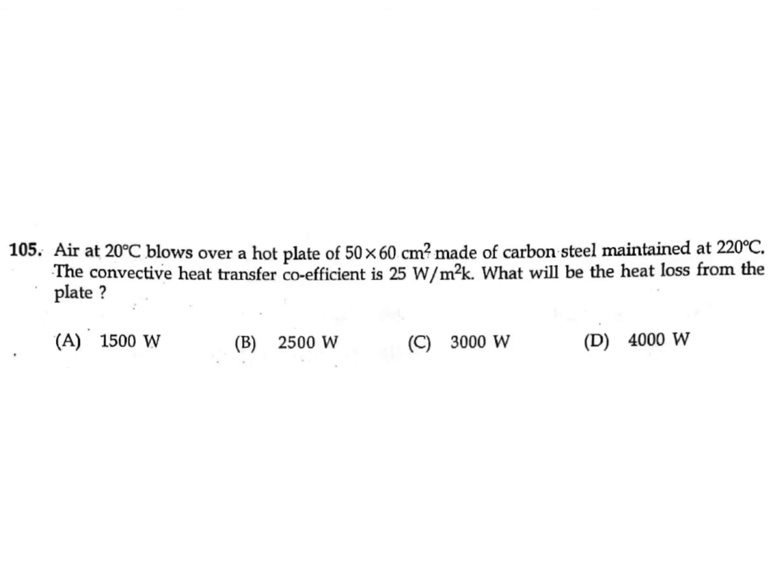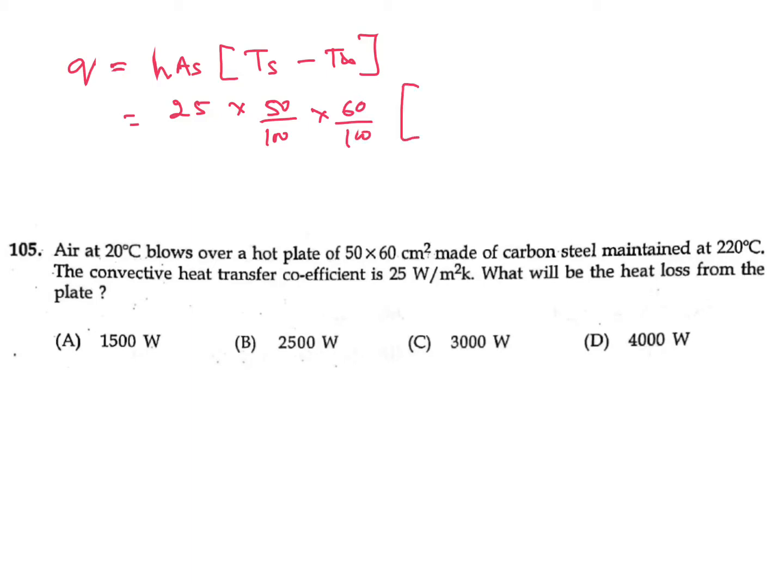So direct formula from Newton's law of cooling: Q = h times surface area times (surface temperature minus atmospheric temperature). So put the values. h is 25, surface area is 50 by 100 because it's in centimeter, 60 by 100, Ts is 220, T infinity, the atmospheric temperature, is 20.